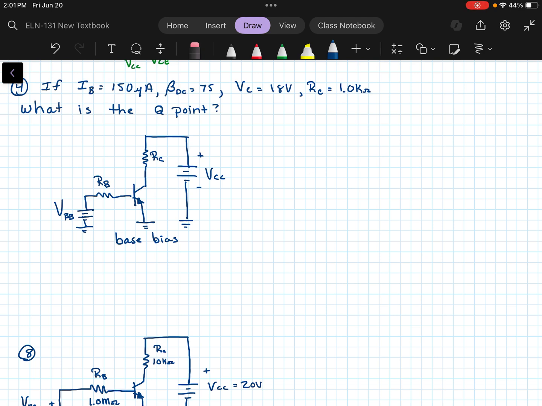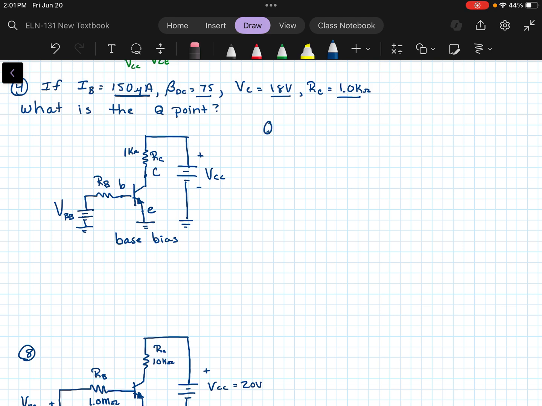So if we have IB is 150 microamps and the beta is 75, the voltage at C, remember that's right here, that's your collector, that's your base, and that's your emitter. And then our RC is 1K right here. What is the Q point?